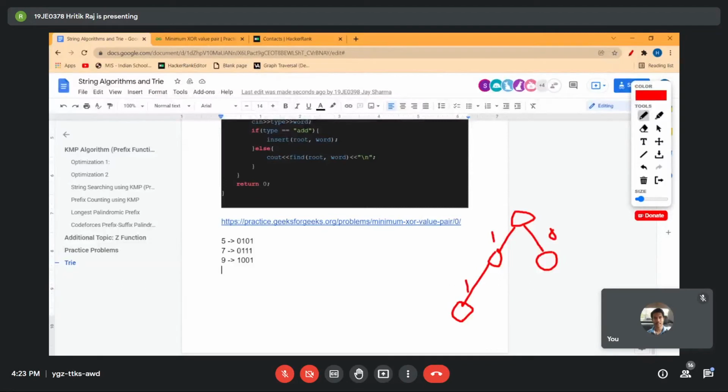Similarly for other cases. Okay. So suppose we want to minimize here. How will we traverse such that we minimize? We start from here. Suppose our string is 0, 1. And suppose this is not present.